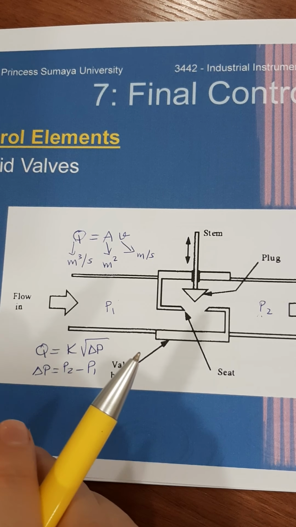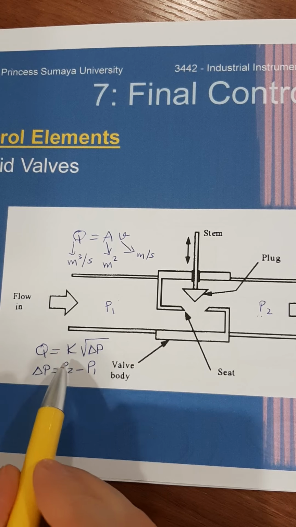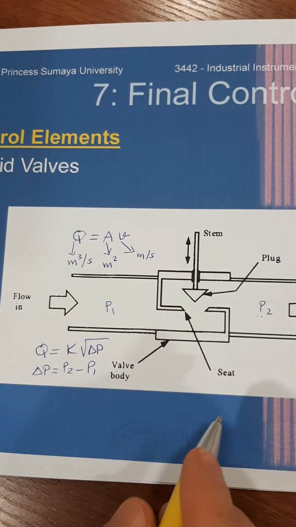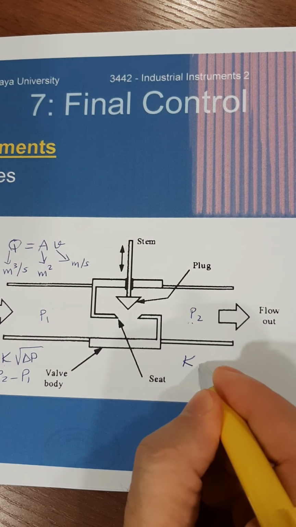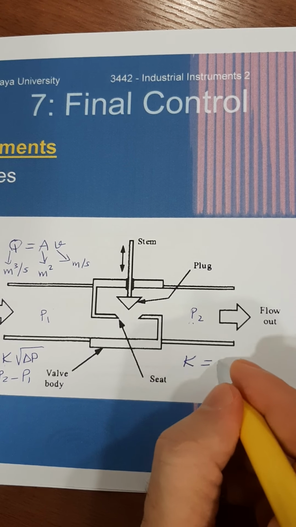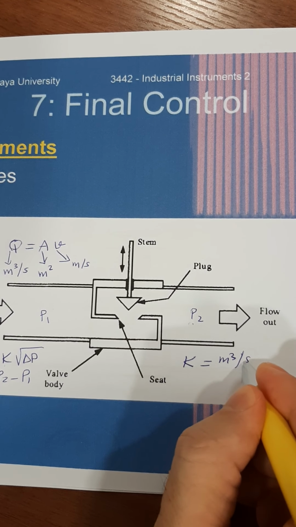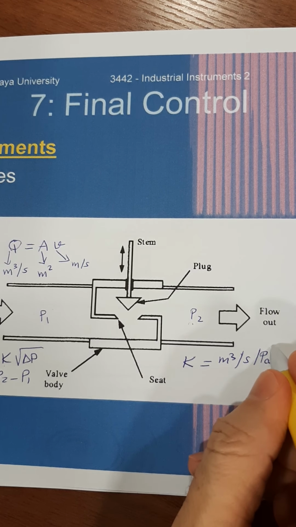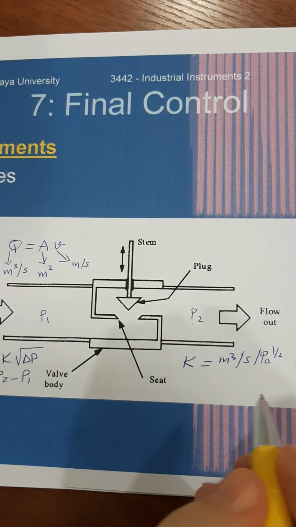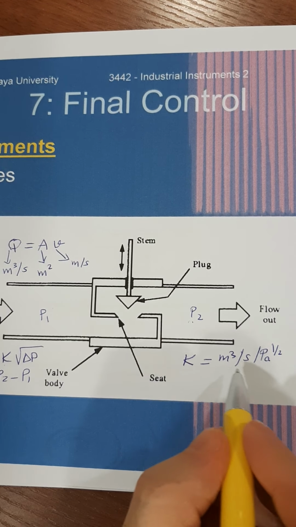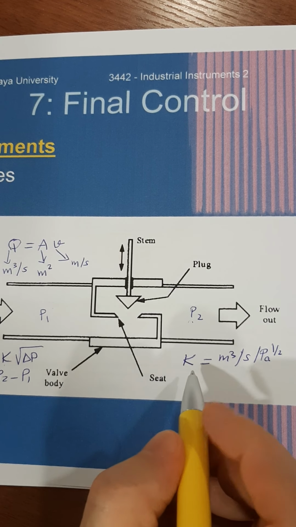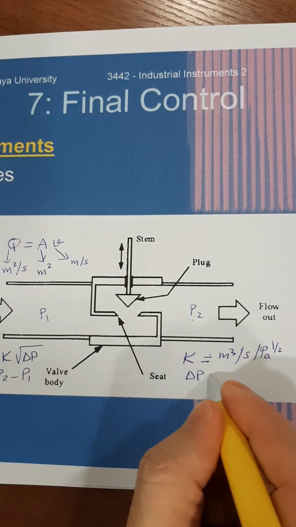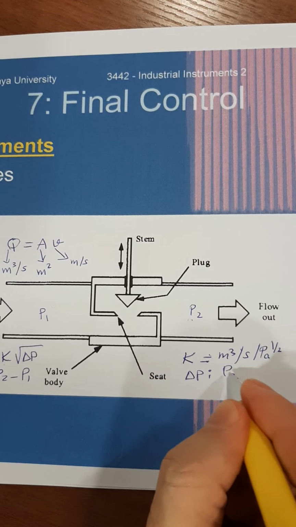K here is the proportionality constant, and it has a unit of meter cubed per second per Pascal, the unit of pressure in the SI system, to the power 1/2. So this is the unit of the proportionality constant K. The unit of delta P is the Pascal.